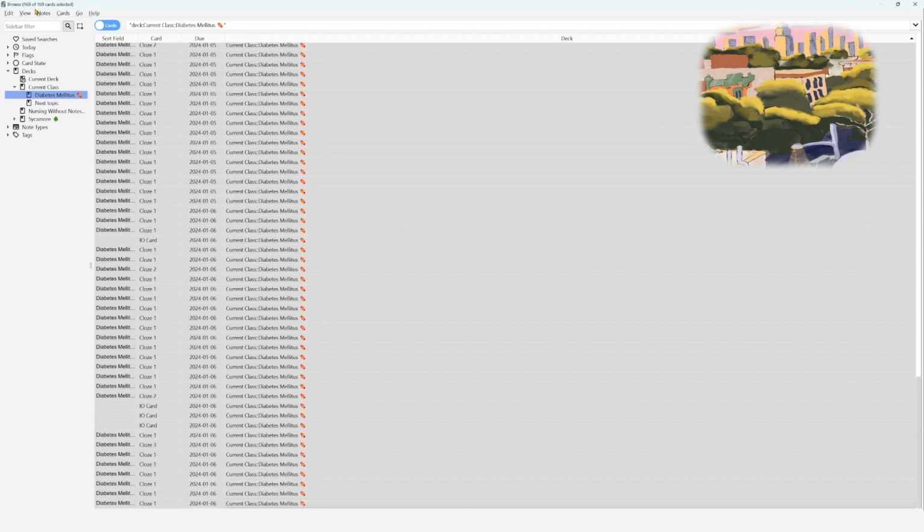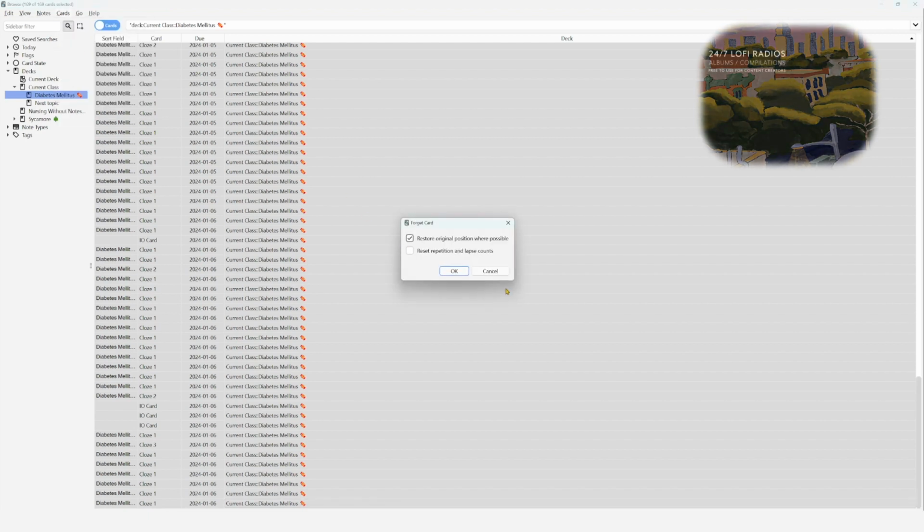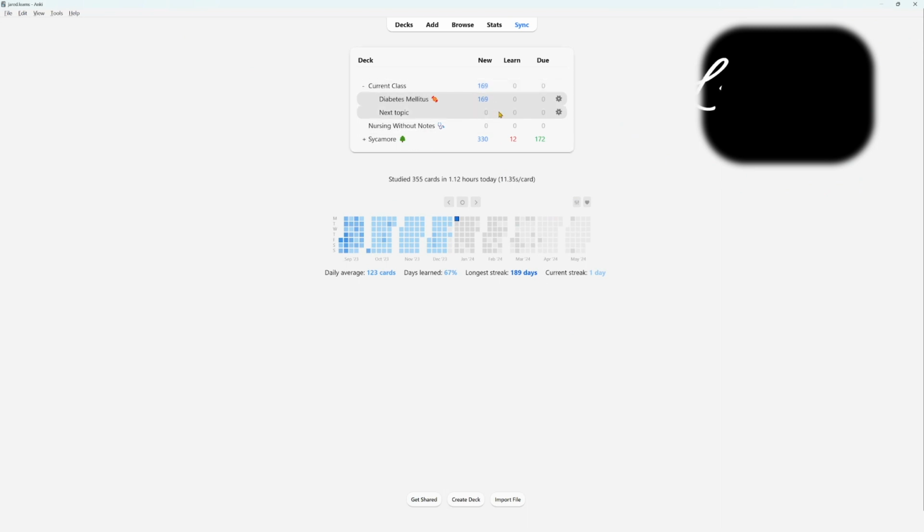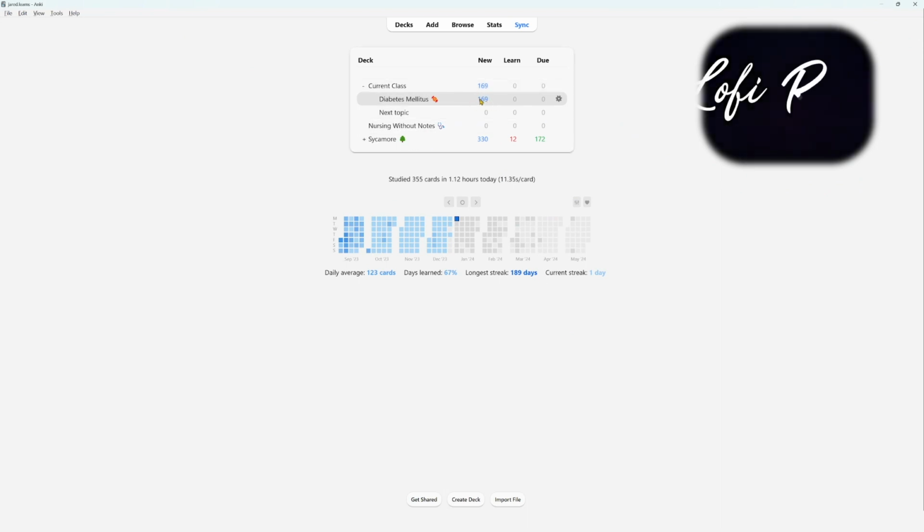Now I've got all 169 highlighted, and I'll hit cards, and then I'll just hit forget. And this is going to put them back to the original position where possible. And so they're not going to be going back into the due dates, and depending on how you answered them, I just go ahead and reset. And so when we do that, now you can see we've got 169 new cards.